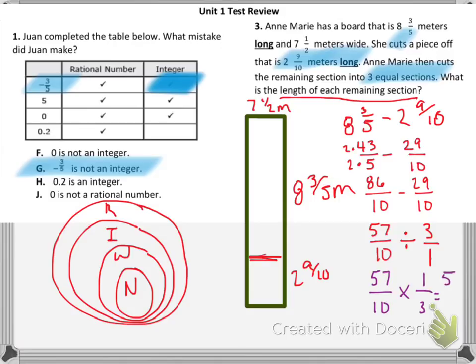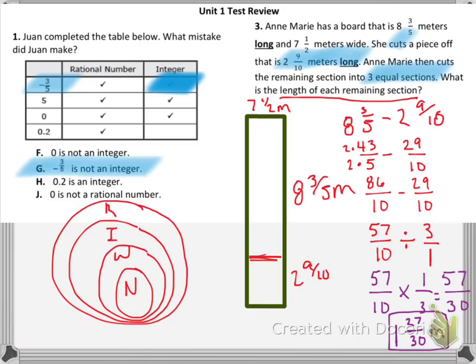So we have 57/30. So 30 goes into 57 one time with a remainder of 27/30. So that is how long the remaining pieces are.